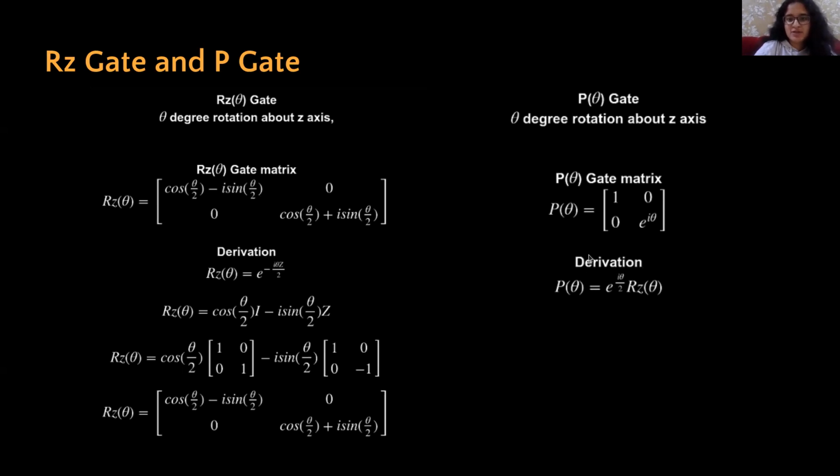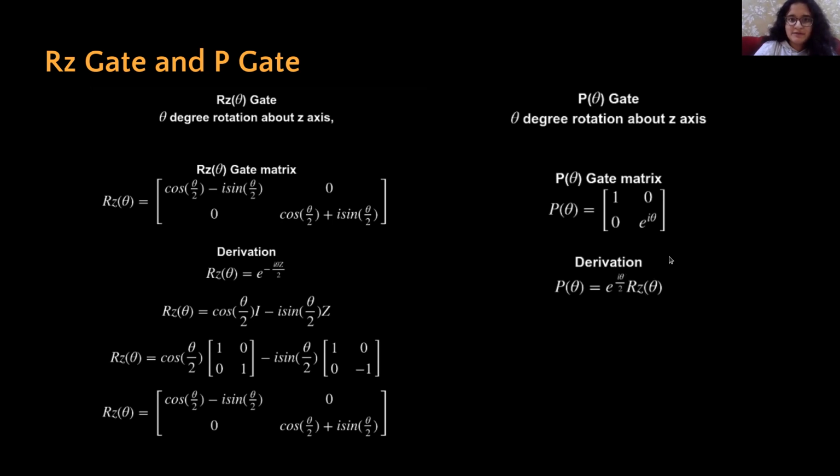There is no change because this is a global phase, and from our previous videos, we know that global phase can be ignored. So we can keep it or not keep it; it has no effect on what transformation will be there. If we choose to keep it, nothing happens, but our matrix looks simpler and the effect is the same.